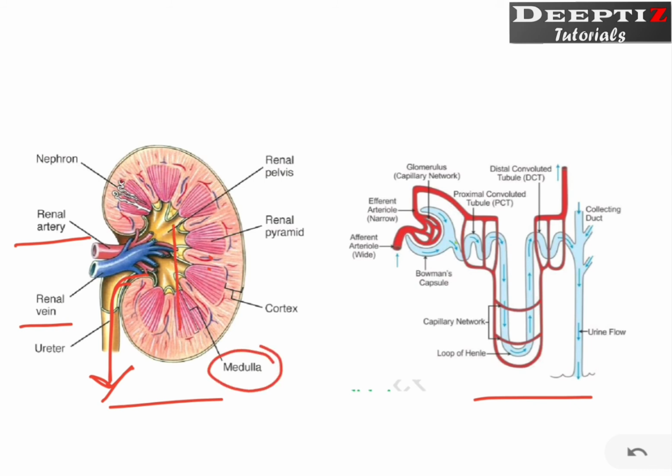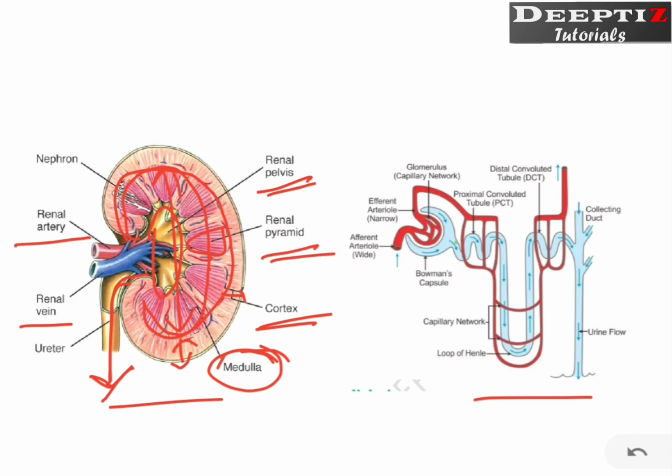This inner portion is termed as medulla, and apart from medulla, the outer portion we call cortex. Medulla has the renal pelvis, this area. From the renal pelvis there are pyramid shaped structures, we call them renal pyramids. Each renal pyramid is made up of coiled structures termed as nephron. This is the structure of nephron.